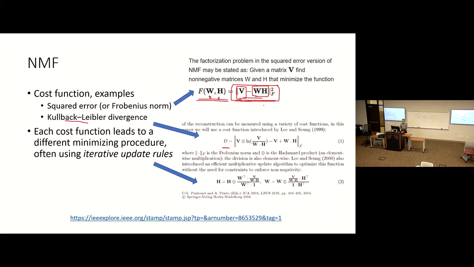So you can design your own cost function as long as it makes sense to make this look like that, by changing the values of this. So in our case, we want to change the values in the matrices A and B to make the product the same as this, okay?